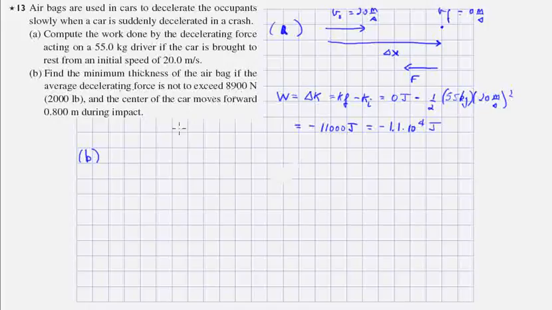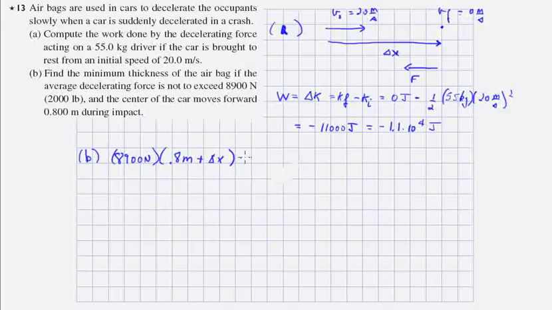Okay, so essentially this second part is quite easy. What we'll do is we'll take this 8,900 newtons force and understand that it's going to act over a distance of 0.8 meters, that's the distance that the center of the car moves, plus the additional distance, delta x, that the airbag moves.